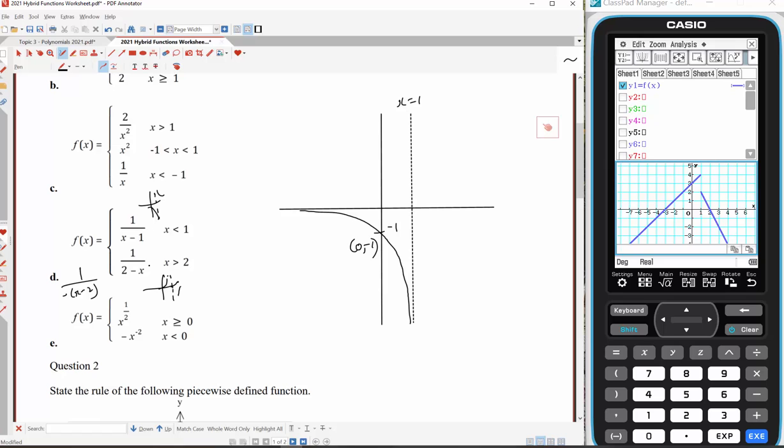Now I should do the other asymptote as well. So let's pop in this one here, and that is at y equals 0. There's y equals 0, x equals 1. Let's put our asymptote for x equals 2.